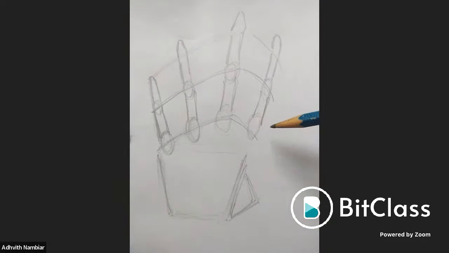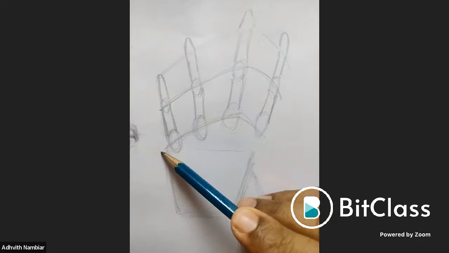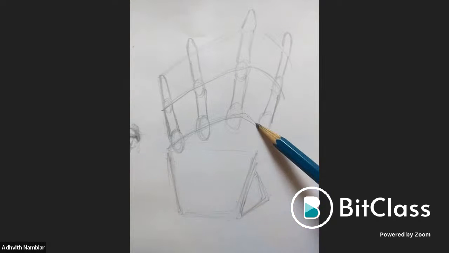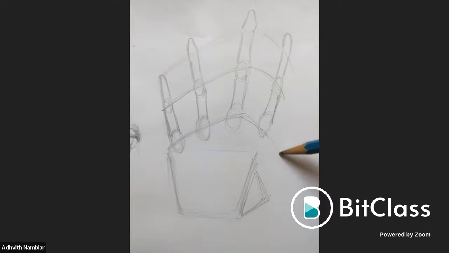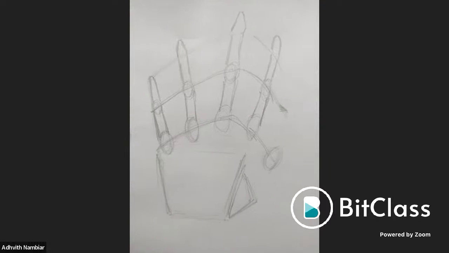Now, this line that started here goes up like this and comes down. But if we go a little more down, just a little more down, you know what will come over here? The knuckle for the thumb. And if we bring this down a little bit here, at this point is the edge of the thumb.